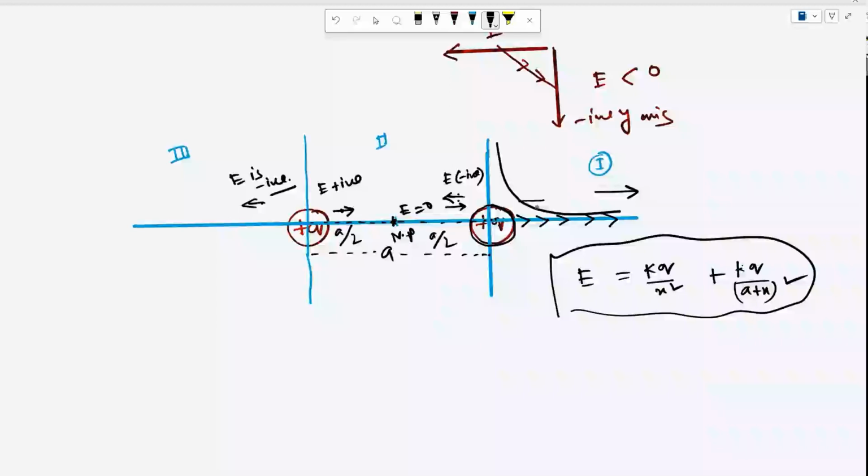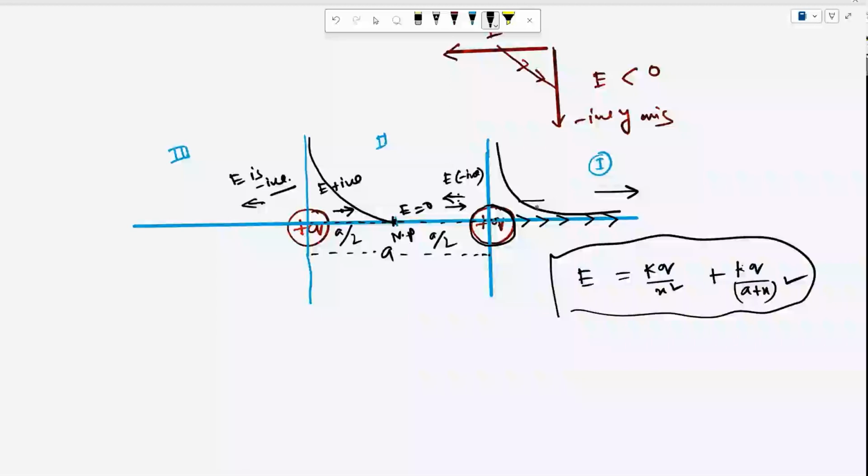Isn't it? Now if E is positive, you know the graph. If E is negative, you know the graph. If E is positive, at this point it will be 0. So the value gradually decreases and will become 0 at this point. And here electric field is negative. That's why the graph will be similar to before.